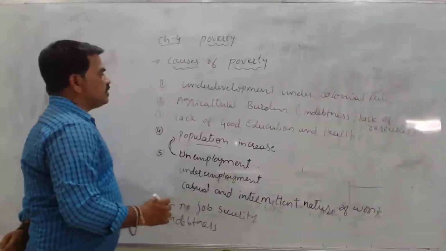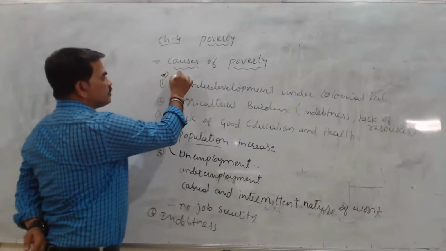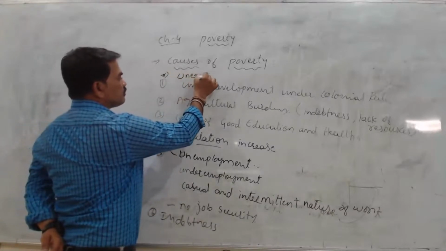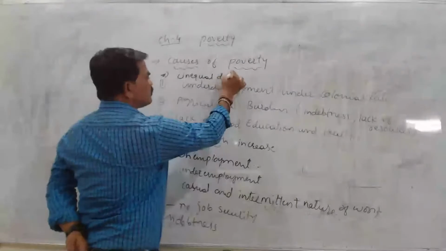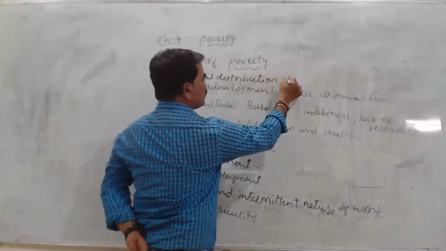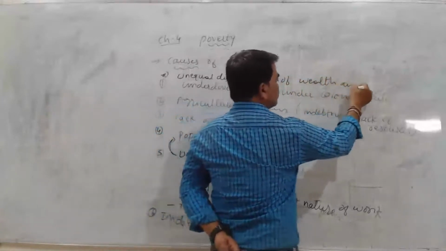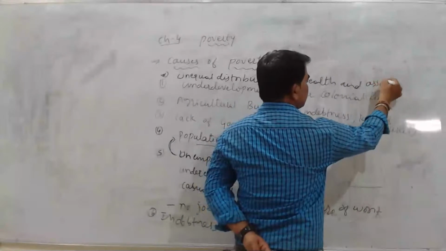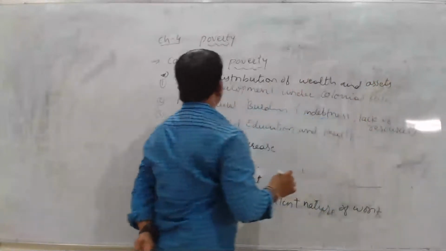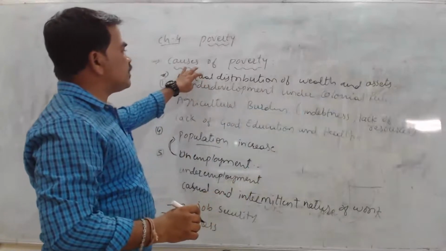And we can say the unequal distribution of wealth and assets is also one of the causes of poverty.